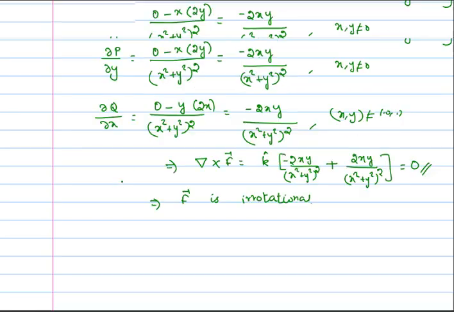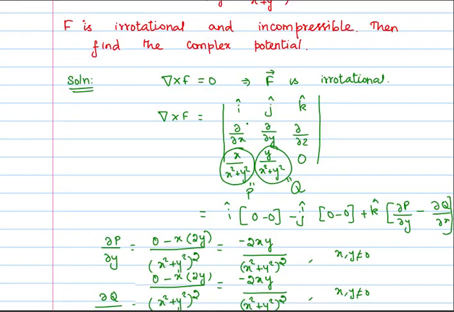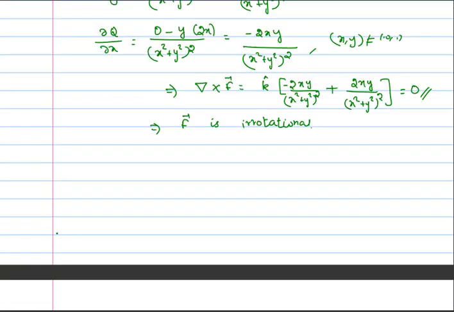Second, I want to prove that F is incompressible. What does incompressible mean? Suppose the vector F is incompressible, the fluid flow is incompressible.